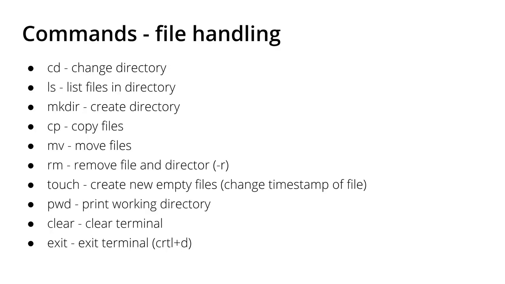We will create new empty files, which might make sense in some cases. Then we will print out the working directory where we are currently located, and then how we can clear the terminal so we don't see all the commands, and then how we can close the terminal.